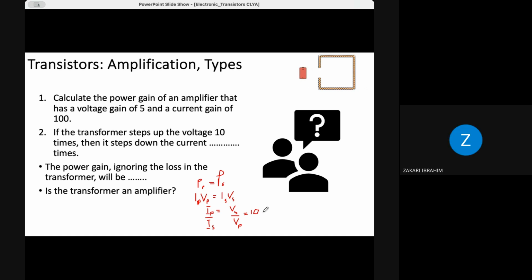Let's assume that we are talking about the transformer. If the transformer steps up the voltage 10 times, then it steps down the current. So VI for primary is equal to VI for secondary.